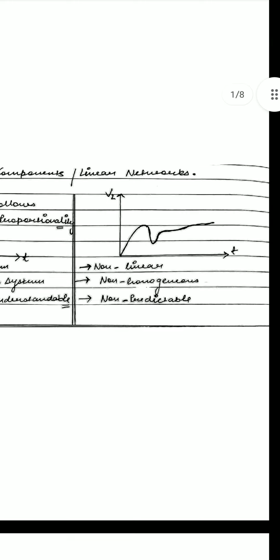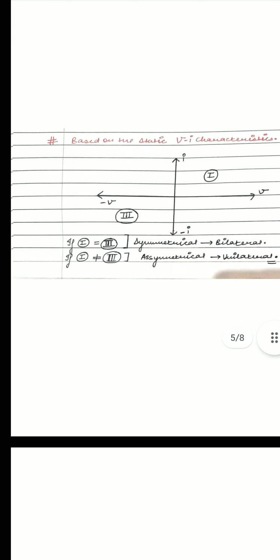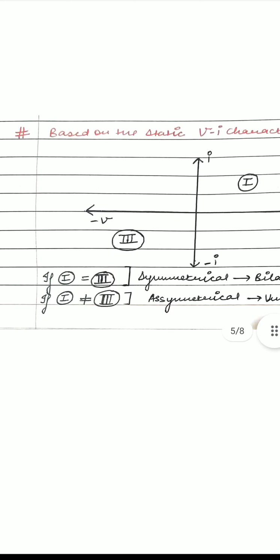Now the second step is how to find whether the system is bilateral or unilateral. If the component graph lies in the first and third quadrant and it is symmetrical, that is, it is a mirror image, then it is bilateral. Also if it is lying in the second and fourth quadrant and it is symmetrical, a mirror image, then also it is bilateral.